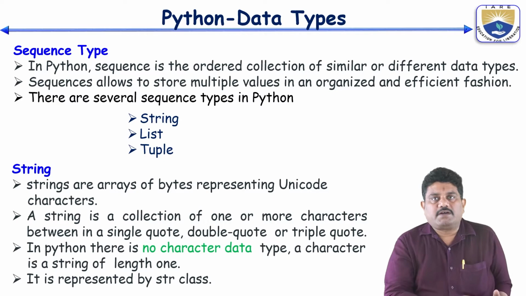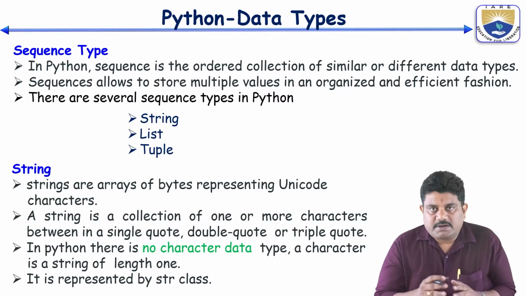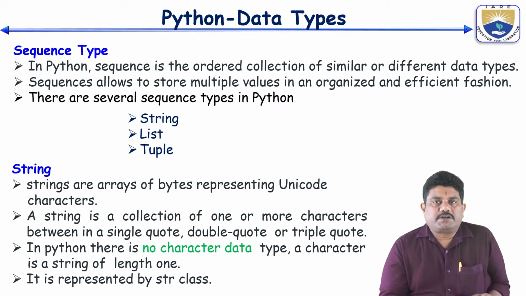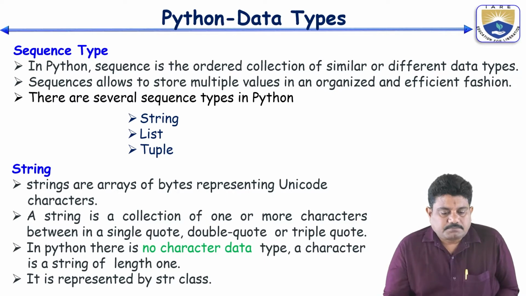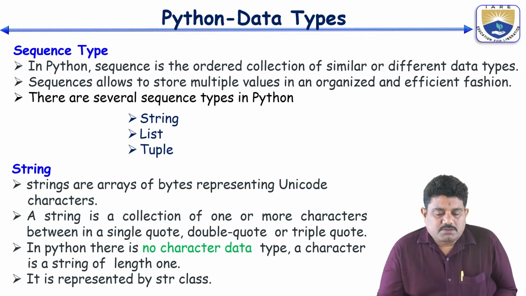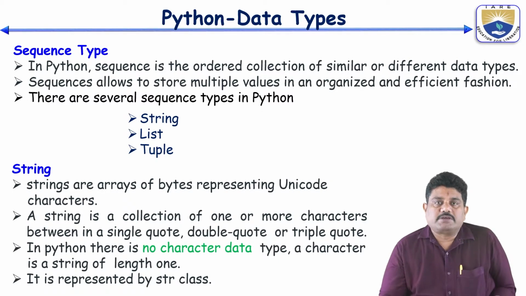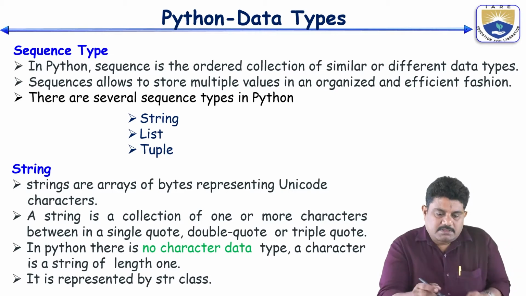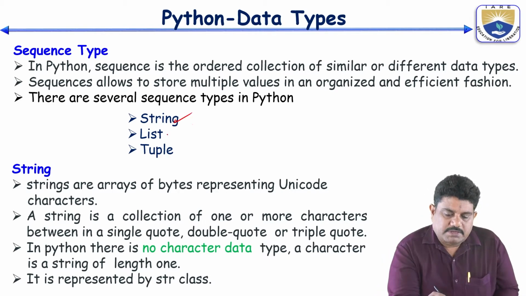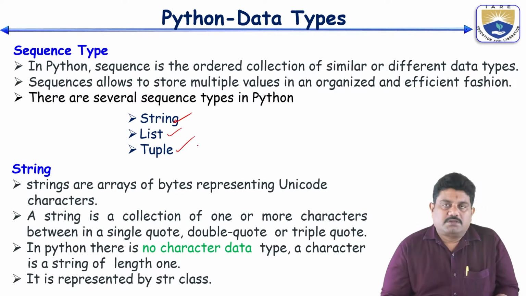It means the same kind of values, or a combination of different kinds of values, it can contain. Sequences allow us to store multiple values in an organized and efficient fashion. There are several sequence types in Python. The first one is string, the second is list, and then tuple. Now we will see them one by one.